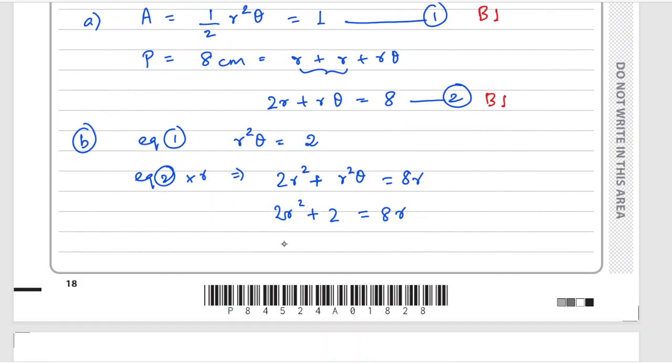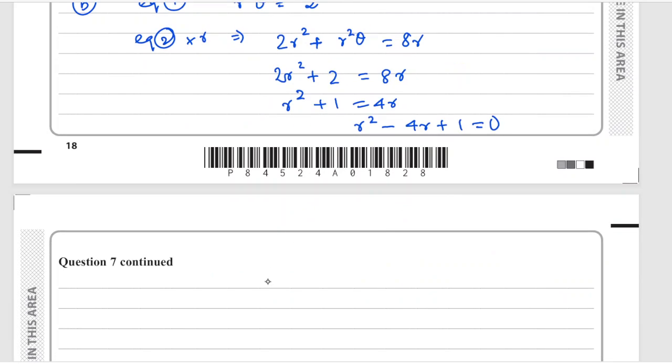Now the whole equation can be divided by 2, so I'll get r square plus 1 is equal to 4r. If I make it a quadratic equation, I'll get r square minus 4r plus 1 is equal to 0. So here I have the equation for the r value. If I solve it, I'll get the value of r.